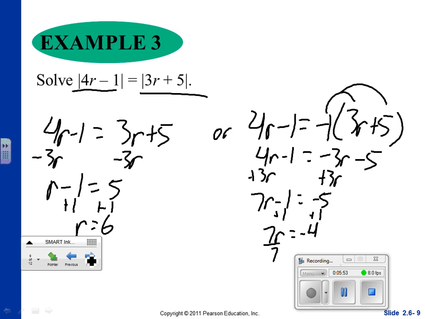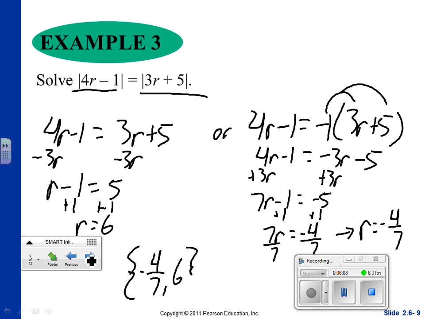And divide by 7. Since that does not divide evenly, we just say that r equals negative 4/7. So again, we've got two solutions. Negative 4/7 and 6. And if you weren't sure about these, you can plug them back in and it should give you an equivalent statement.